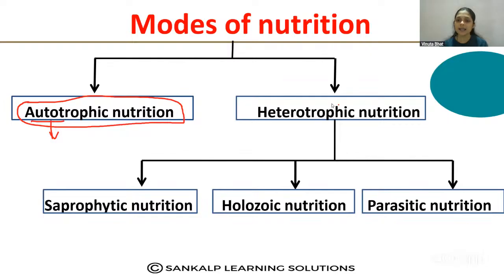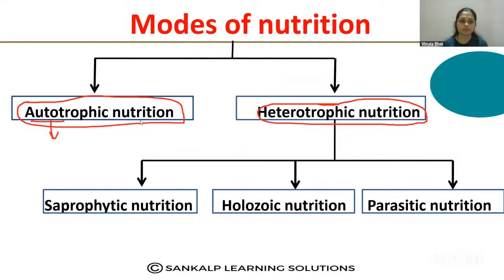The second type is heterotrophic nutrition. Heterotrophic means the organisms which depend on plants or plant products directly or indirectly. The organisms which are not able to produce their own food depend on plants, directly or sometimes indirectly, and that is called heterotrophic nutrition.